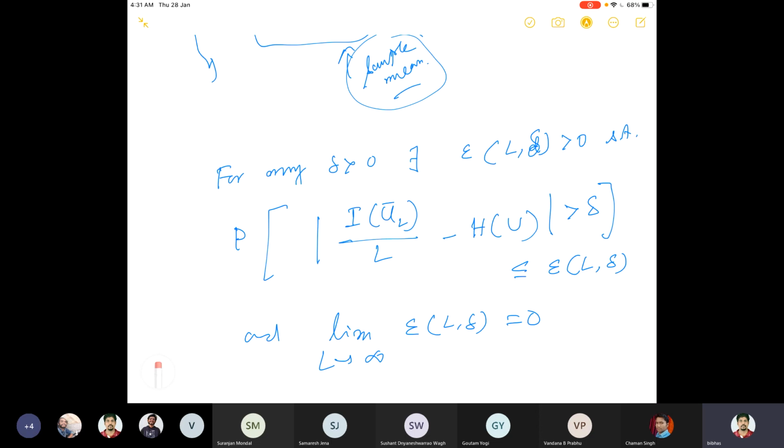This is a difference, first of all. This difference is bigger than delta, and the probability of this event means: what is the probability that this difference will be bigger than any value delta. That means if you pick, let's say, delta equal to 0.005, any small number but positive.